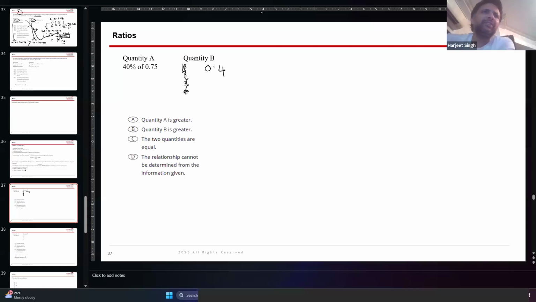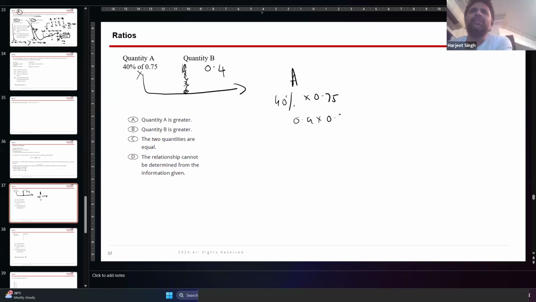Okay. So find what is A and what is B. So can I say A is 40% of 0.75? So it's a direct multiplication. Of means multiply. So 0.4 into 0.75.